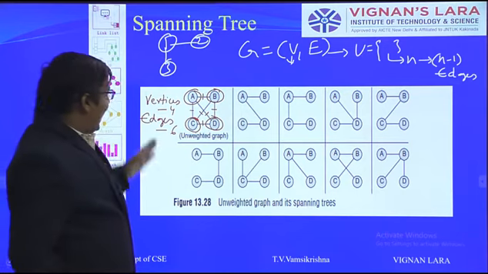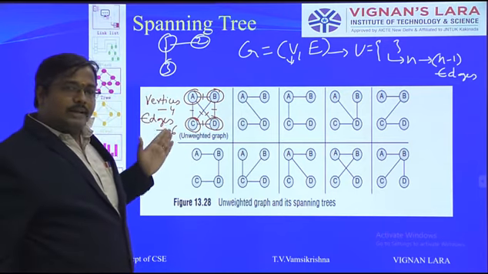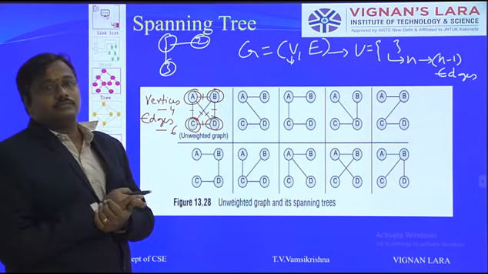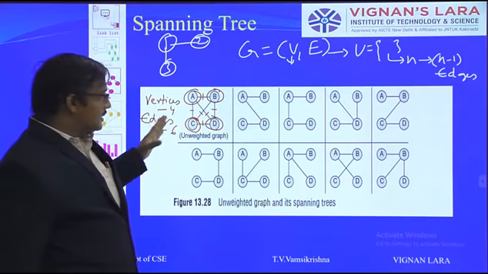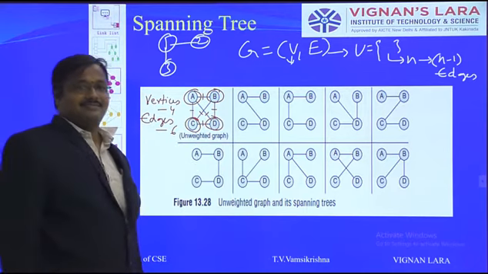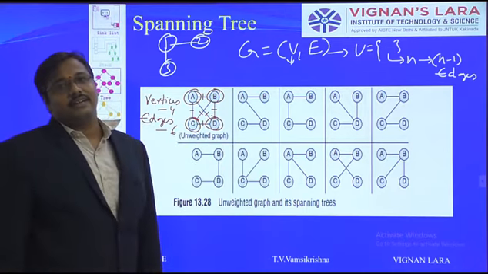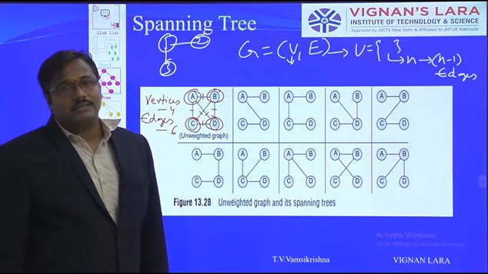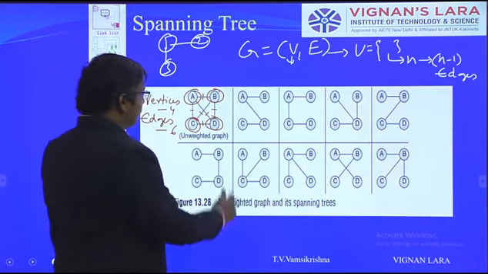We have 6 edges, but to connect these 4 vertices, 3 edges are enough. So from the 6 edges, we want to select 3 different edges. How many different combinations you may get is the problem here.